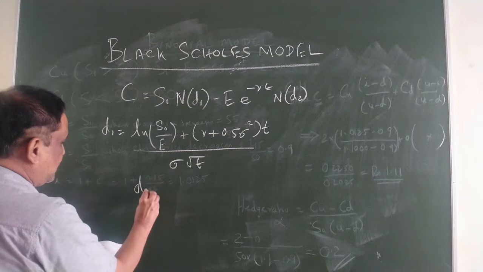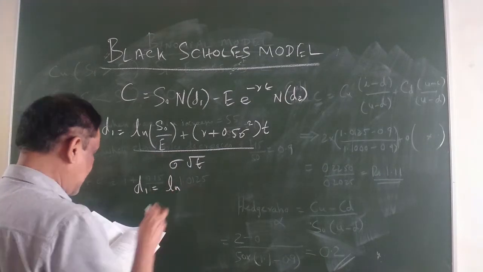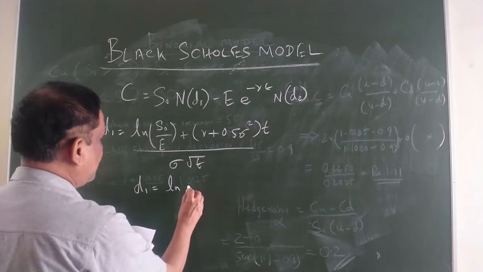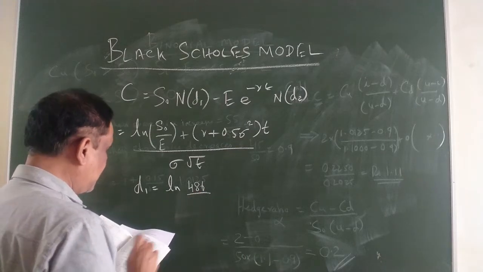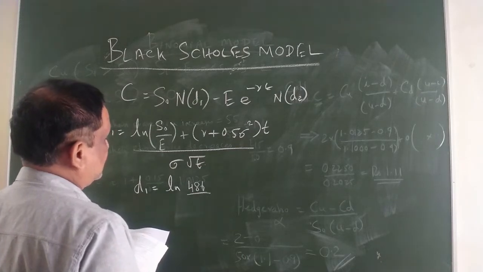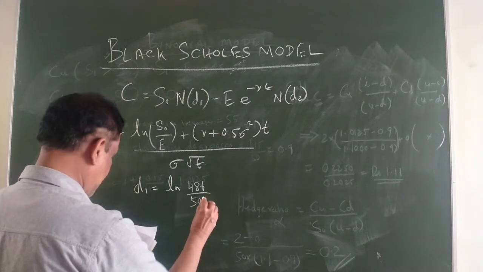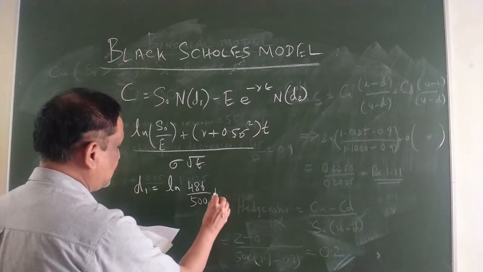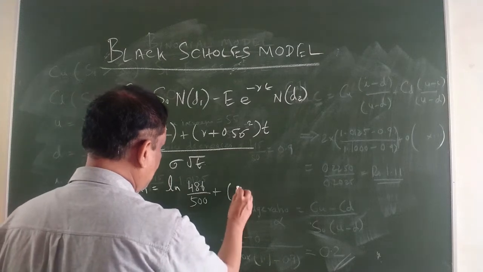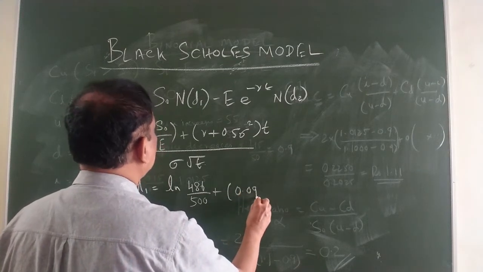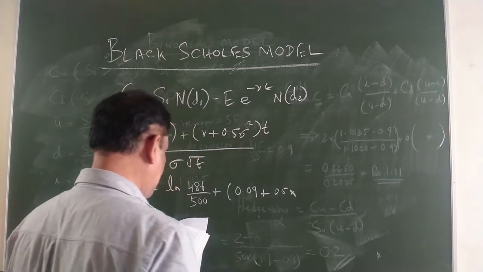d1 equals ln of S naught, the current price, that is 486, ln is the natural log, divided by the strike price, which is 500, plus R, the interest rate, which is given as 0.09, plus 0.5 into sigma square.